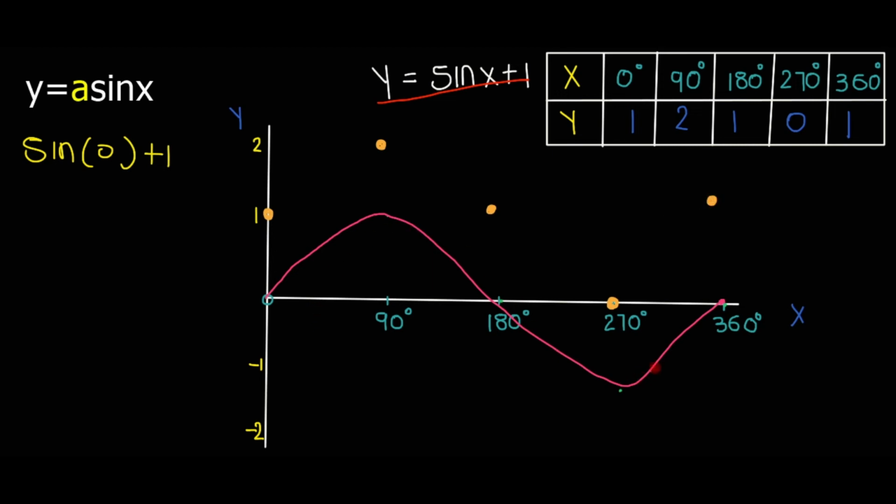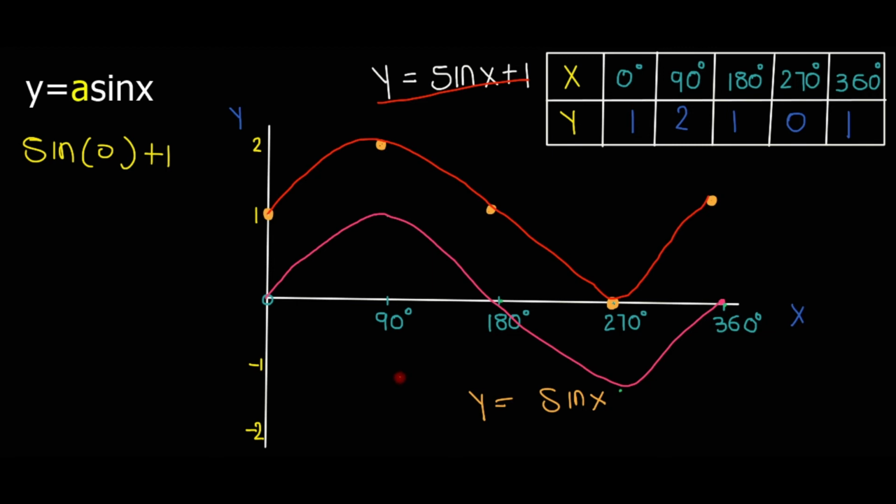Remember this one is the pink one, y = sin x. So we compare, so that we can see the difference. We are going to join these points. So now we have y = sin x + 1.